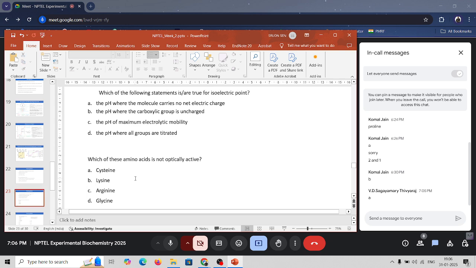Which of the following statements is or are true for isoelectric point?